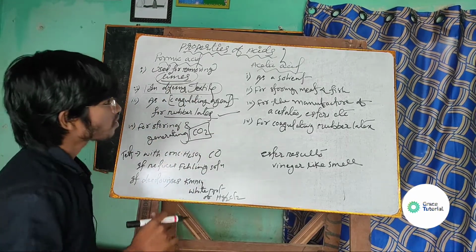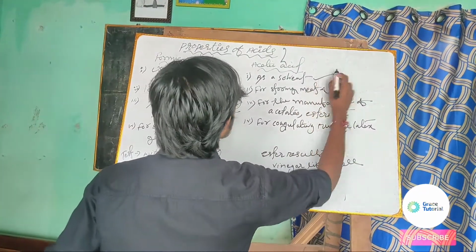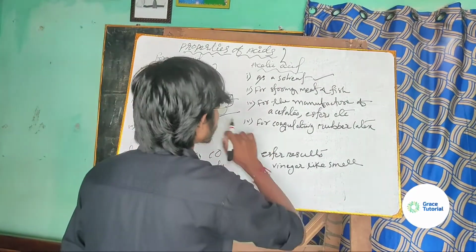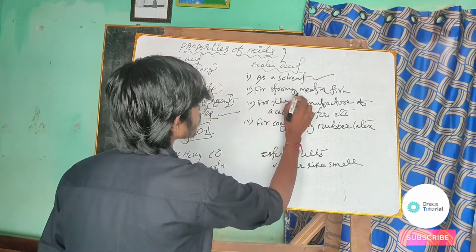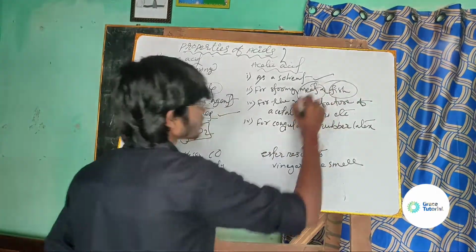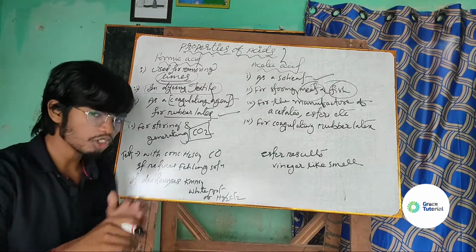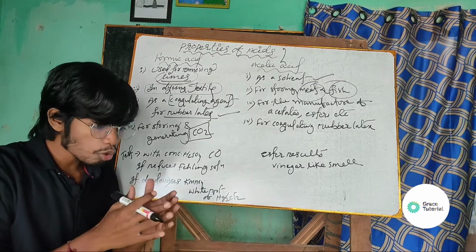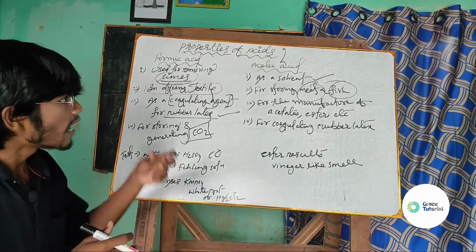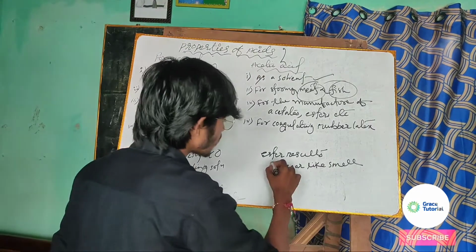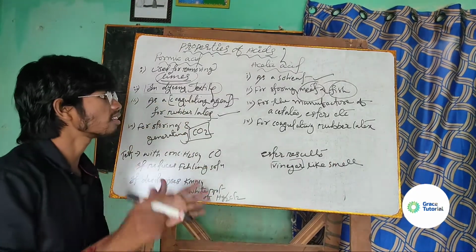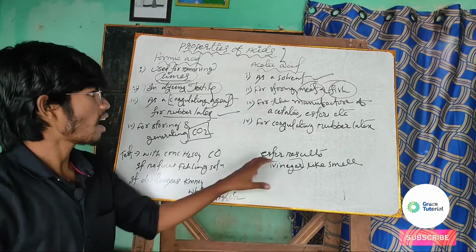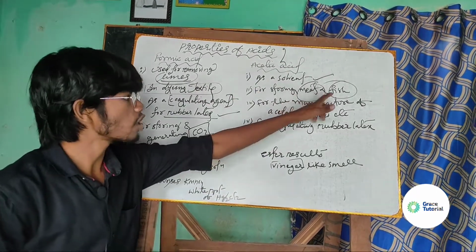So what are the uses of acetic acid? Acetic acid is used as a very good solvent for many chemical reactions. It is also used for curing meat as well as fish items. To keep them safe from bacteria, acetic acid, which is called vinegar, is slightly poured on the meat and fish so that no bacteria can attack, and in this way acetic acid can cure the meat and fish.